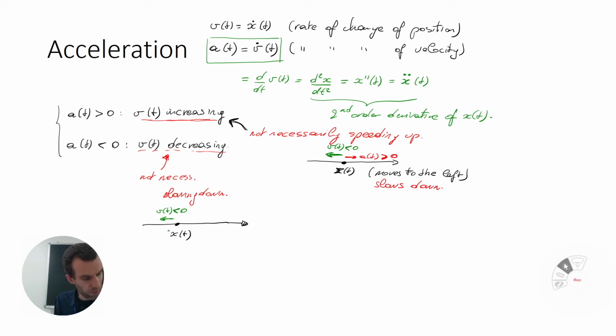Now, if a of t is also negative, then what that means is the velocity and the acceleration work together, and a of t causes the velocity to become more and more negative. So the particle here speeds up, but it goes in the negative x direction and moves to the left.